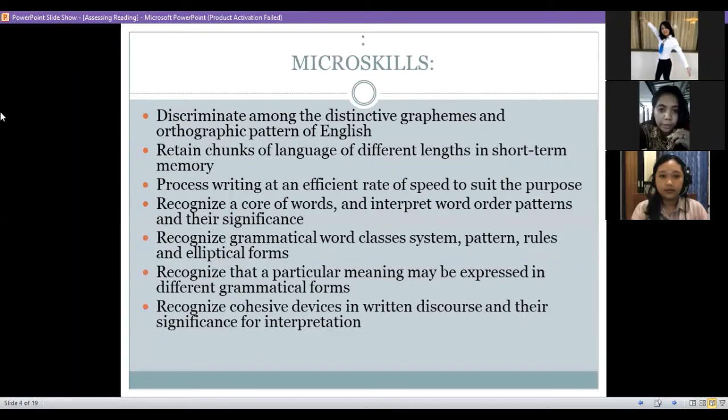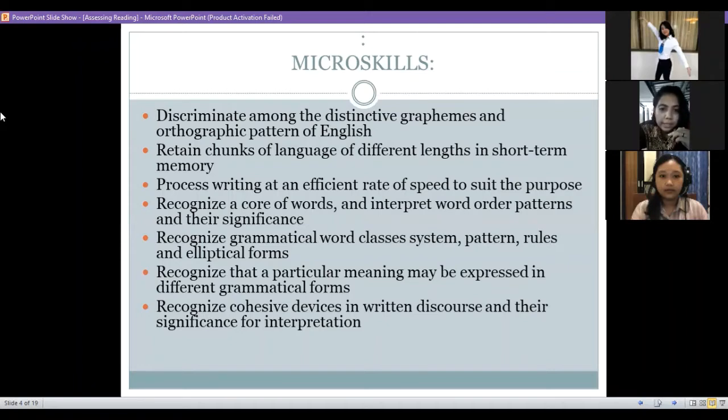And the fourth is to recognize a core of words and interpret word order patterns and their significance, in more detail about the point and explain the core. And then recognize grammatical word classes, systems, patterns, rules, and elliptical forms. It is more likely about the noun, the verb, the pronoun, the grammar, and so on.